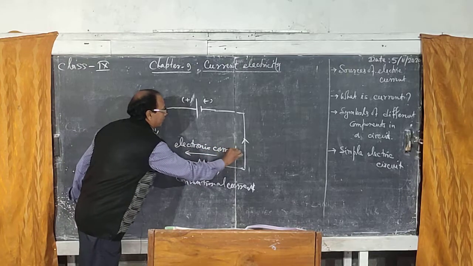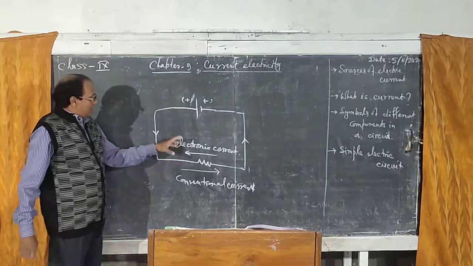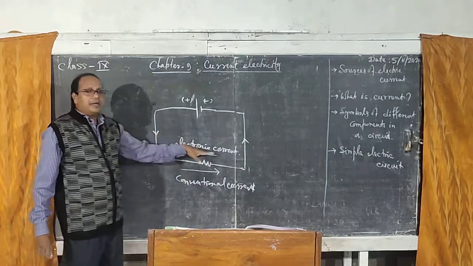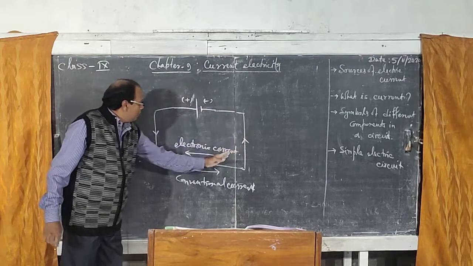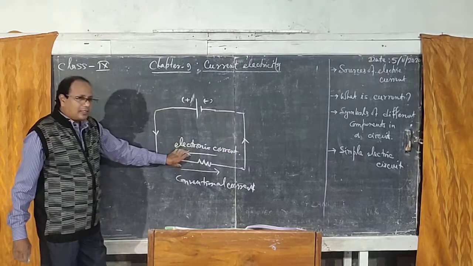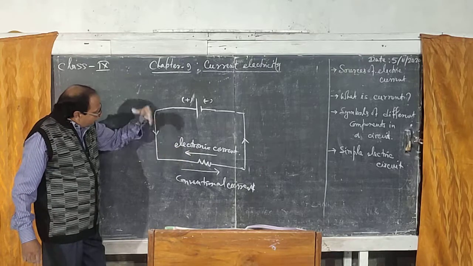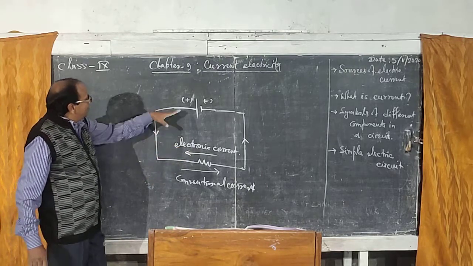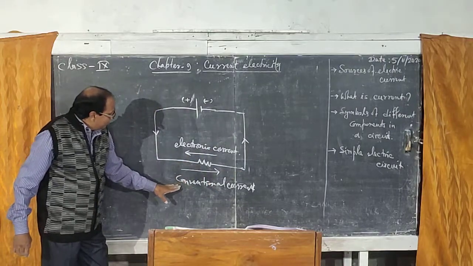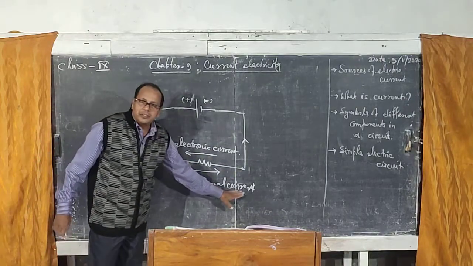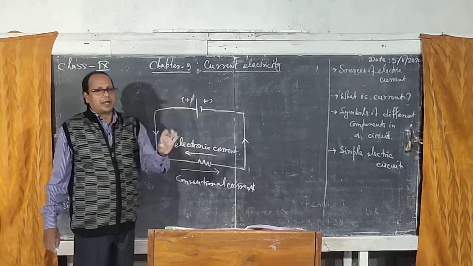Actually, electronic current is the real current, because only electrons can flow from the negative terminal to the positive terminal through the external circuit. But usually we say that current flows from the positive terminal to the negative terminal. That one we normally use as conventional current or simply current.